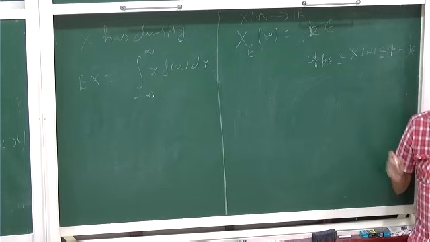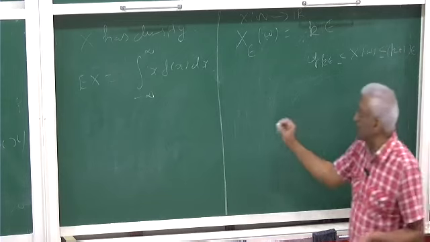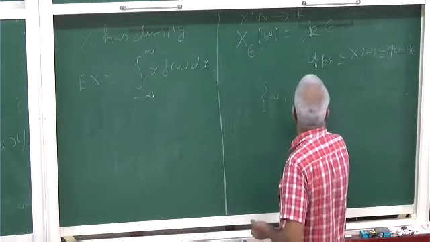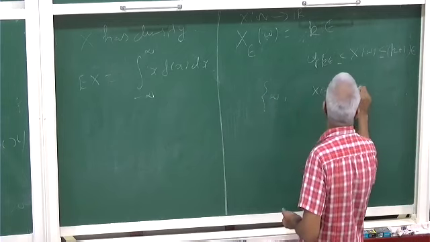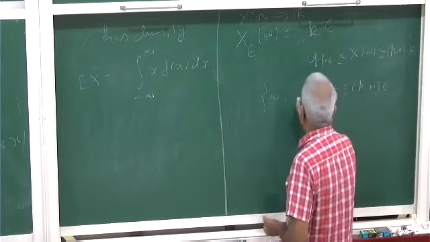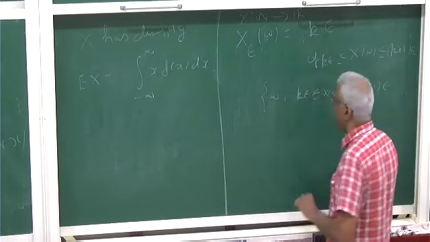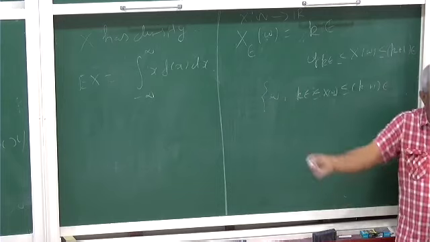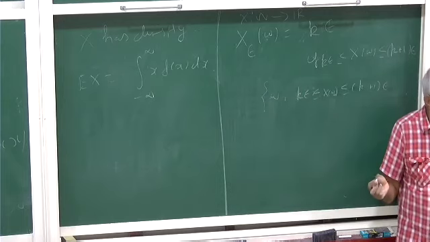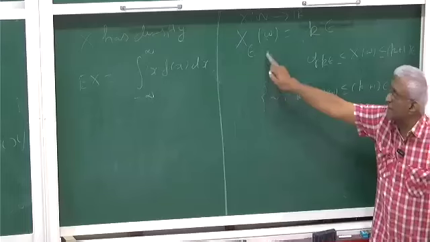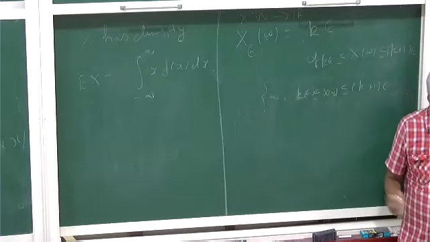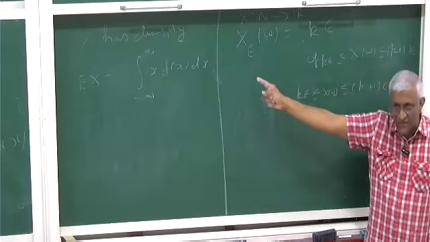This set of omega such that X of omega is between k epsilon and (k plus 1) epsilon need not be a nice set, but it is in the probability space. On this set, you define X epsilon of omega equal to k epsilon, so it takes only discrete values.